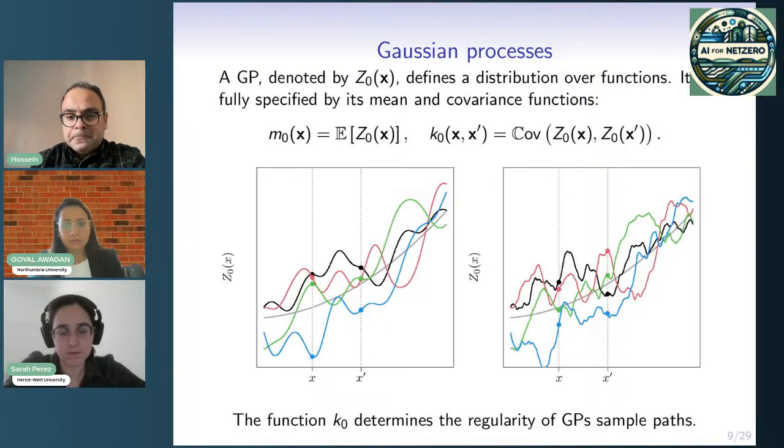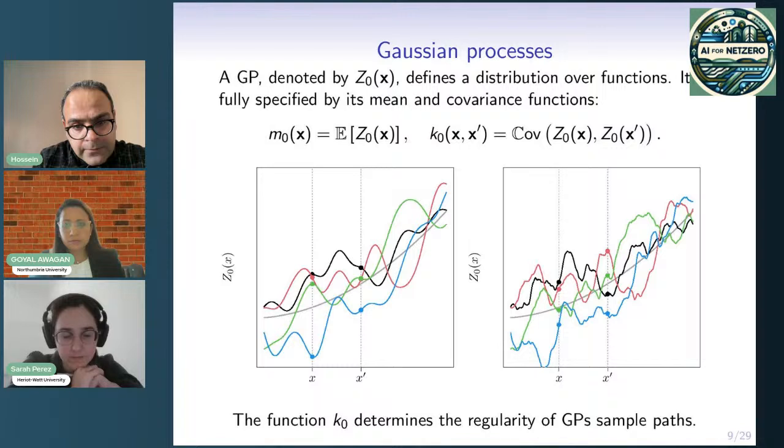In this picture, you see realizations of a Gaussian process, but with different covariance functions. This gray line represents the mean function. In Bayesian statistics, it's called the prior mean. And we have four realizations. These realizations are based on a squared exponential covariance function, which gives us very smooth samples of random functions.